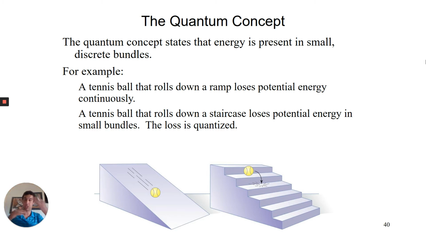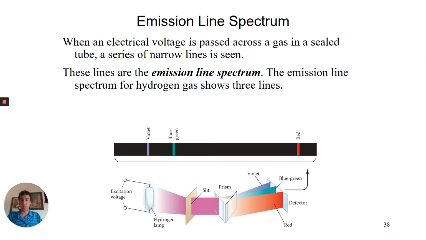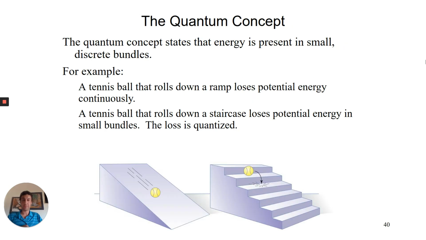It's in a transition at that point. Okay, so our stairs would be an example of a quantized state, and our ramp is an example of a continuous state. A rainbow, continuous, because all of those things. Line spectra are discrete, okay, or quantized.